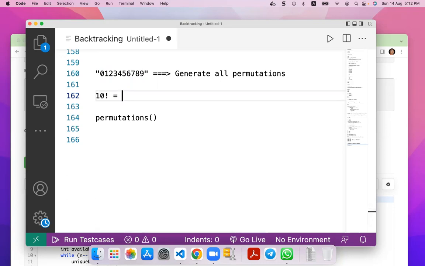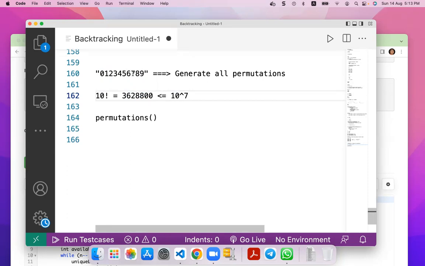Okay, it is 3,628,800. In the 10 power range, can I say the upper bound is like 10 to the power 7?